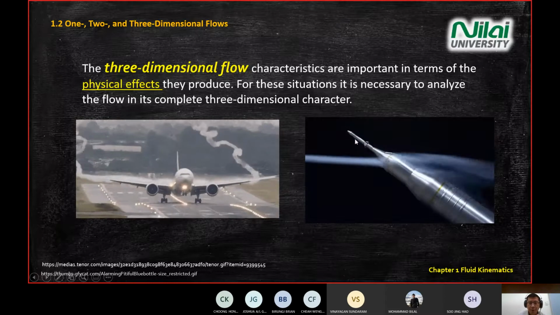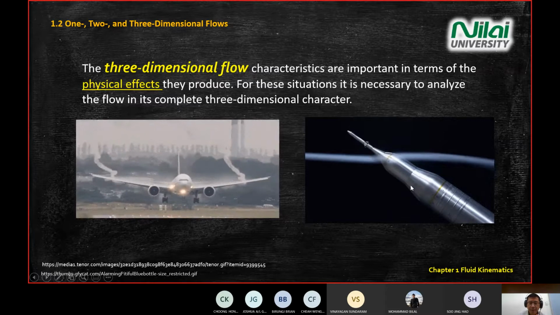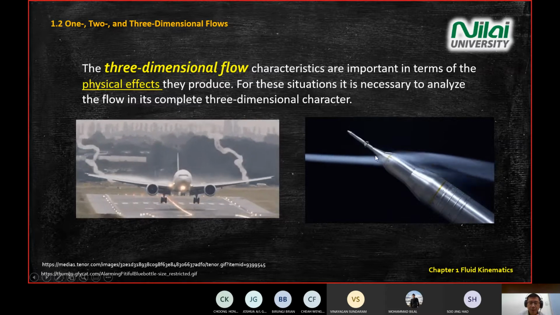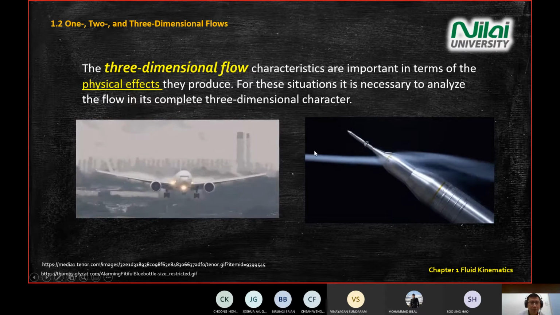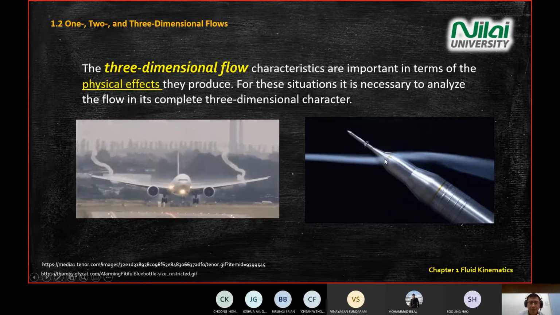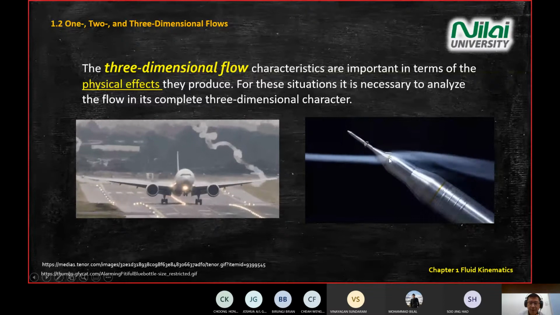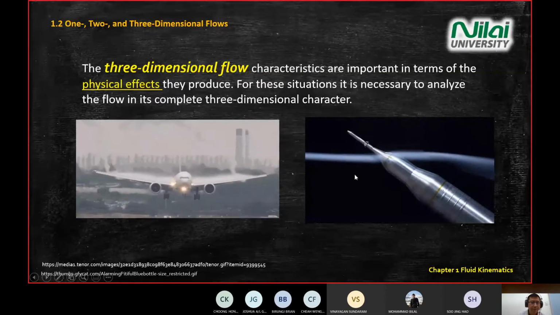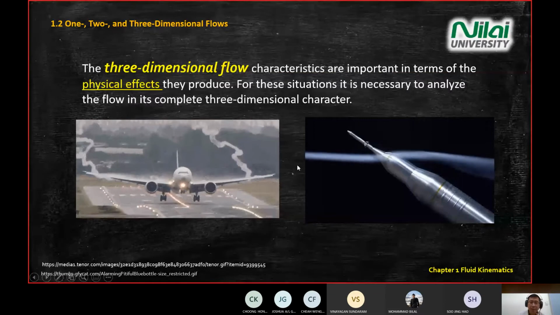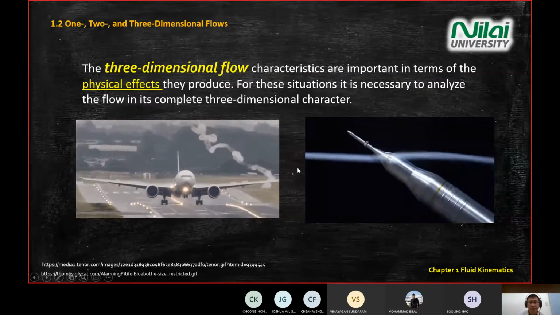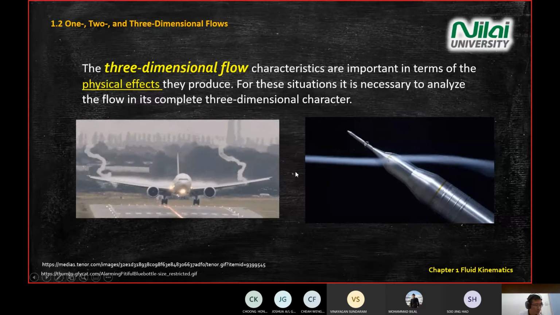Also in aerodynamic simulation studies, this one is a rocket model. We want to see how the air reacts when it contacts the surfaces. This is a three-dimensional characteristic, very important in terms of physical effects. So make sure you fill in the blanks in your tutorial question.